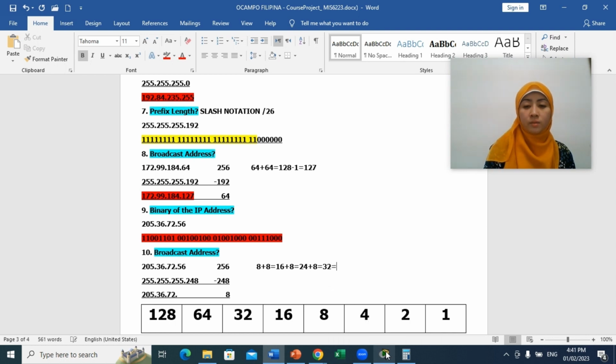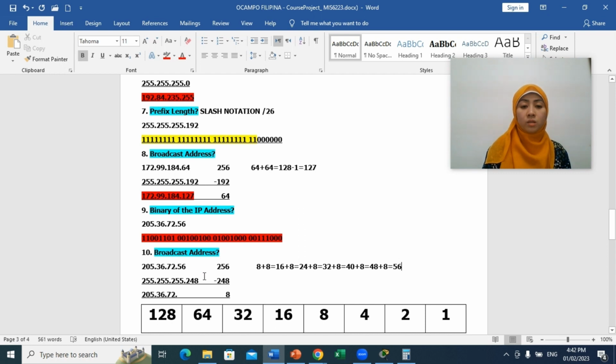So we need to add more 8. So 32 plus 8 is equal to 40. Still far. So we need to add again 8. So 40 plus 8 is 48. Still far. So again, we need to add 8. So 48 plus 8 is 56. So now we have 56.